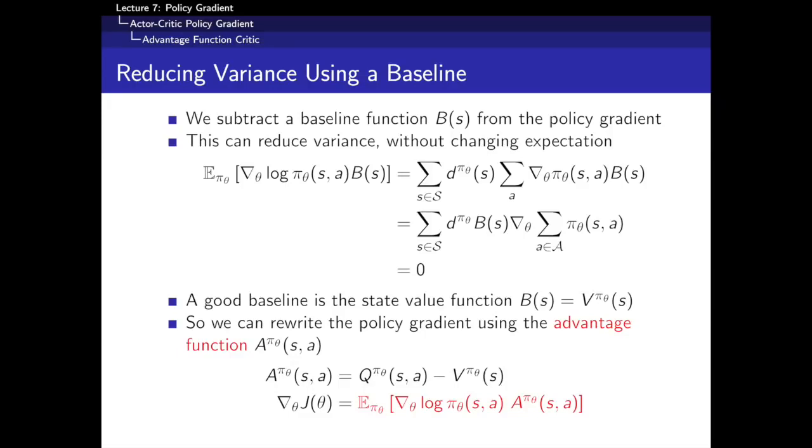This is a probability distribution, so it must sum to 1. So now we have the gradient of 1. The gradient of a constant is always 0. And so this whole term is actually 0. This whole term that we're adding or subtracting is 0 mean. It's got 0 expectation. Okay? So it's completely legitimate to add or subtract any term of this form.